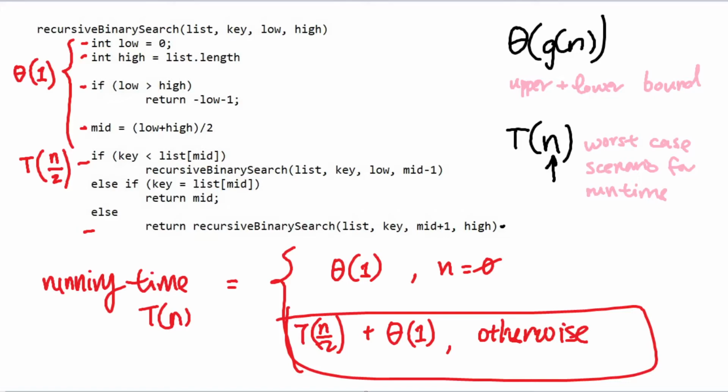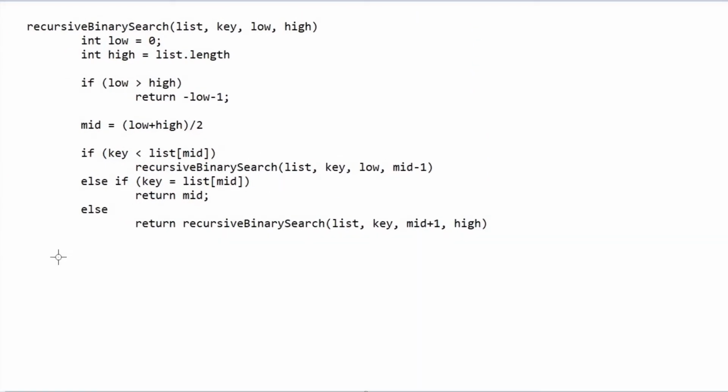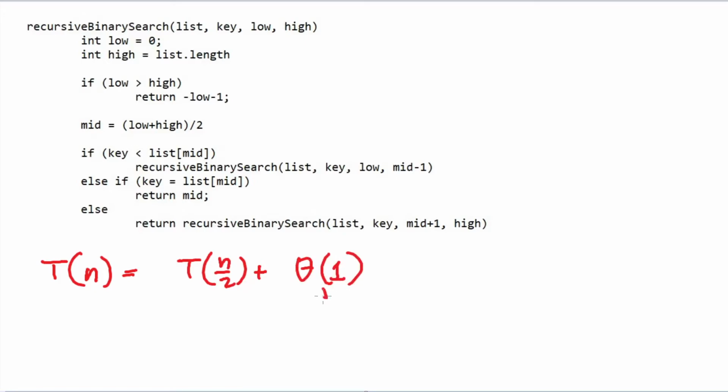So let me clear this space, and let's consider this algorithm again. Our general running time is basically T of n over 2 plus some constant theta of 1. Clearly this is a constant, so I'll just rewrite it and represent it as a value c, plus some constant.